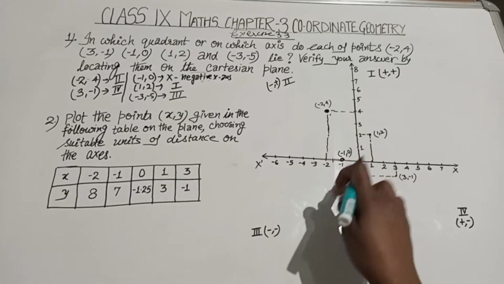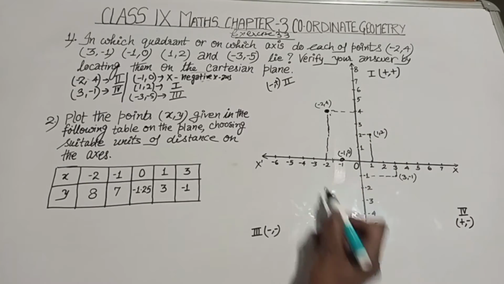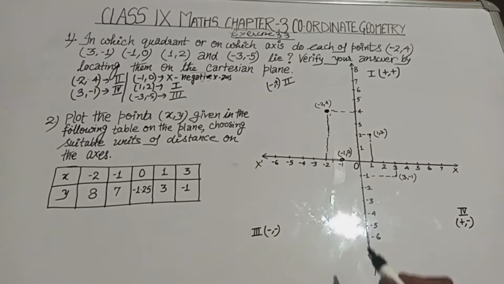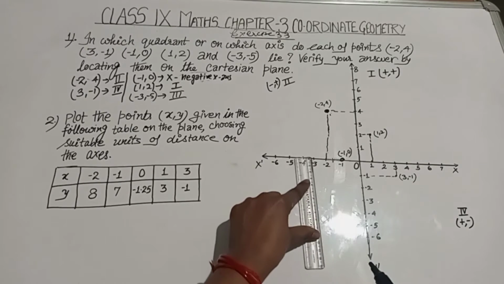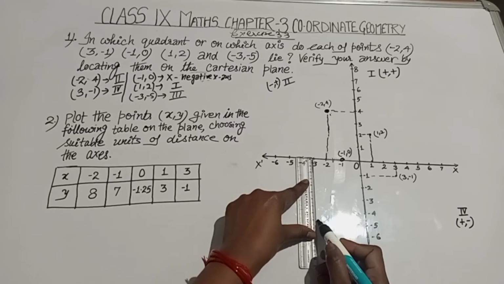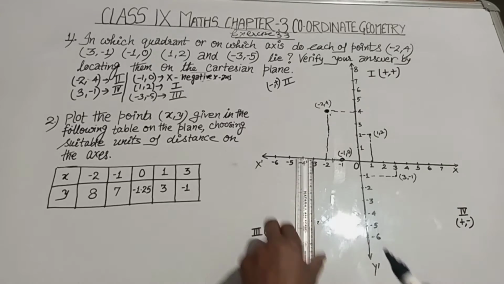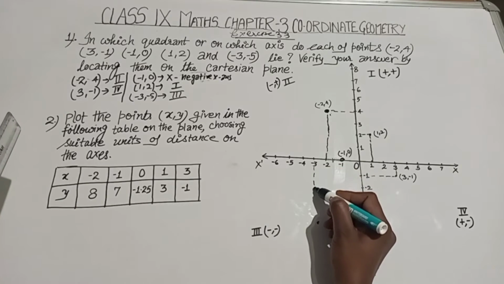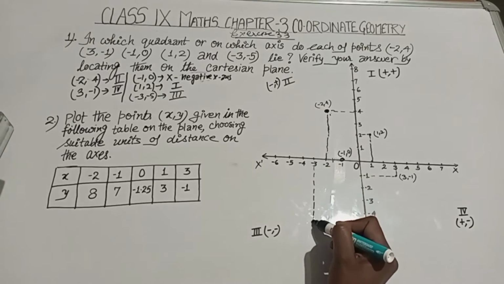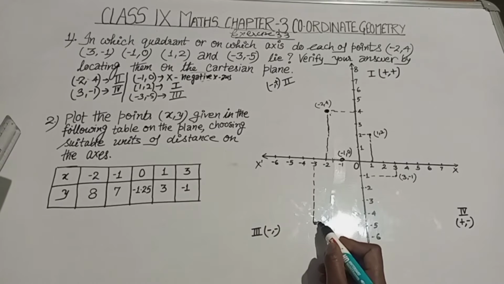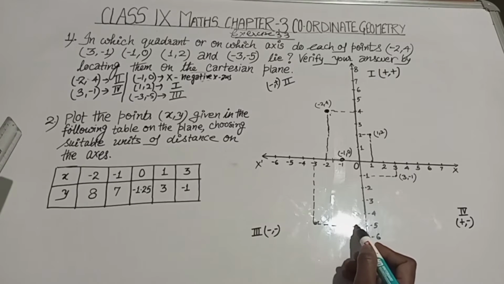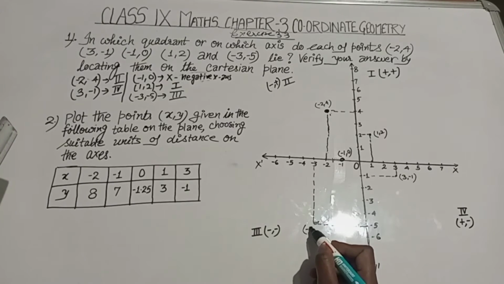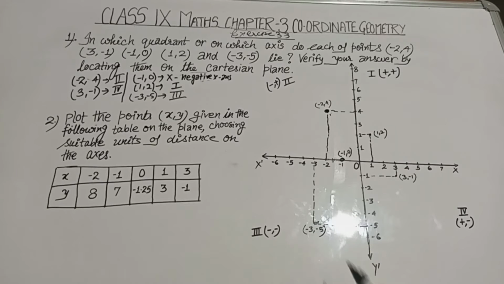So here is the third quadrant, -3 and -5. Okay, so this one is the answer of question number 1.